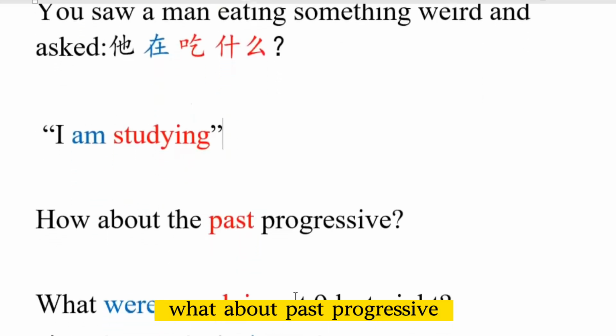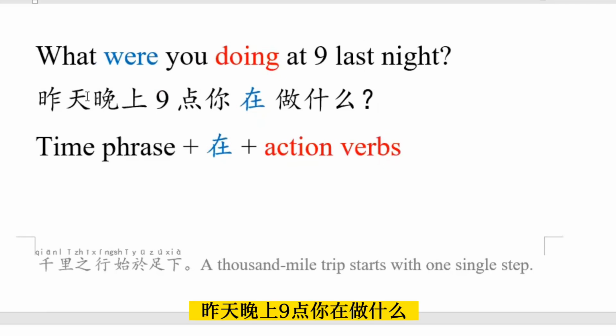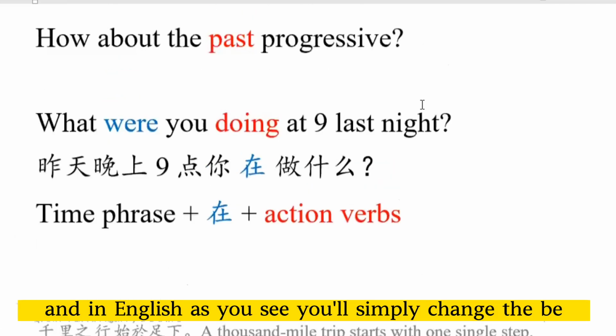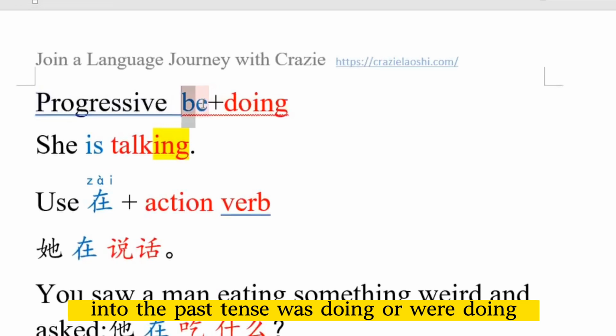What about past progressive? Let's say, what were you doing at 9 last night? 昨天晚上9点你在做什么? In English, as you see, you would simply change the be into the past tense, was doing or were doing.